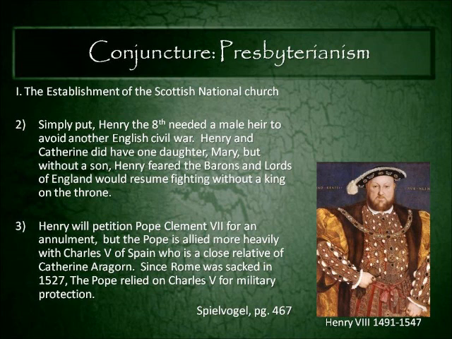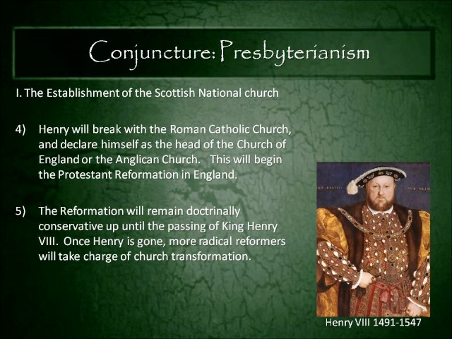And so Henry is going to have to take matters into his own hands if he wants to get some level of satisfaction. And get satisfaction Henry will. Instead of waiting for the Pope to endorse his annulment, Henry will break with the Roman Catholic Church.